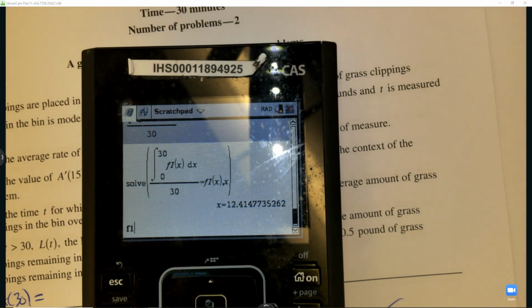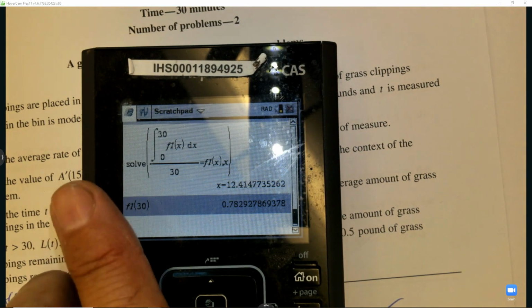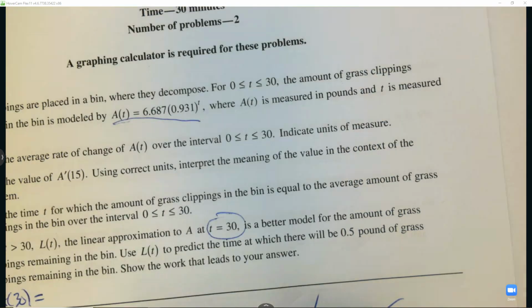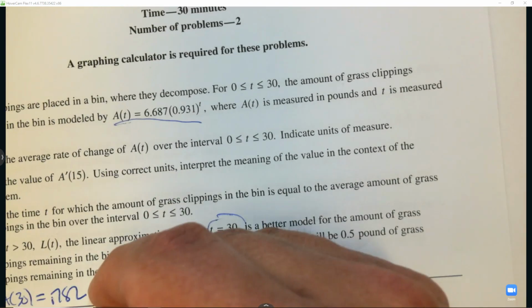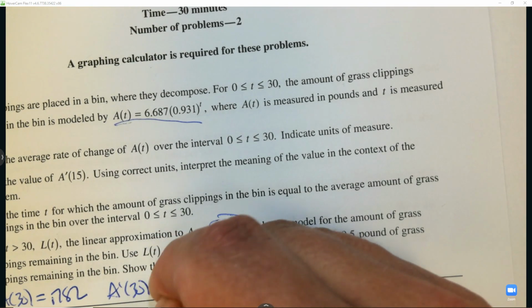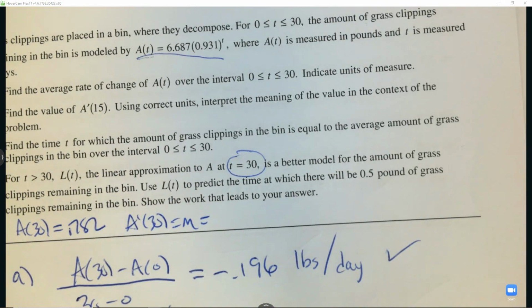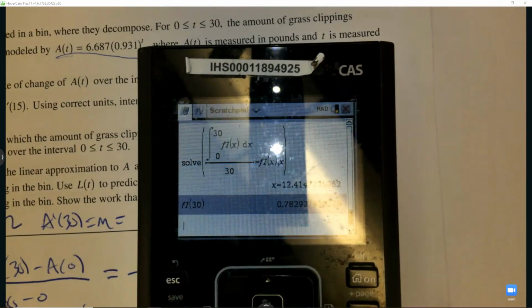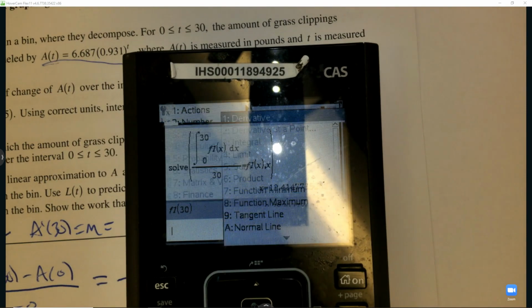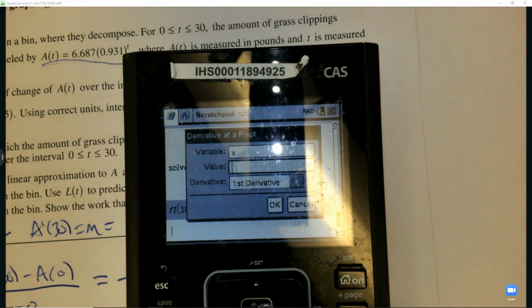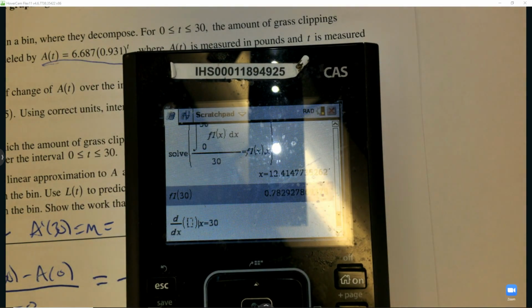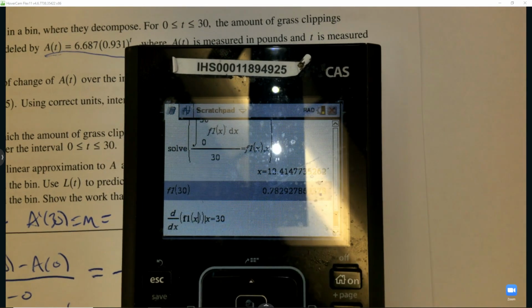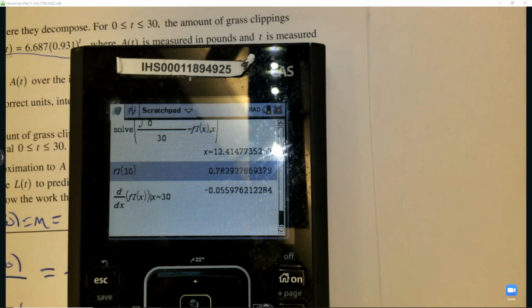And then the derivative at 30, right, for the slope. So that's 0.782. And then the derivative is the slope, right? And so did we already do the derivative? No. So we have to do the derivative. So menu, calculus, derivative at a point at 30 for F1 at x. So the derivative is negative 0.055.